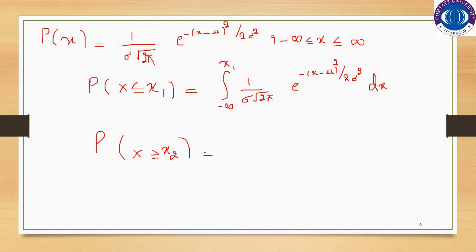So probability x greater than or equal to x2 is found by integrating the probability density function, 1 over sigma under root 2 pi, e raised to power minus (x minus mu) whole square over 2 sigma square, dx, and as it is greater than x2, it will start from x2 and end at infinity.